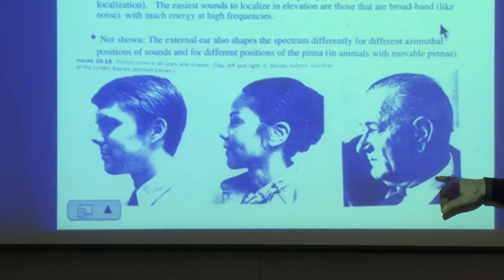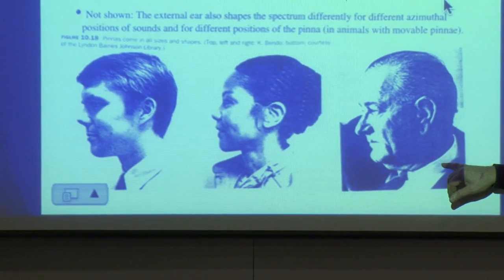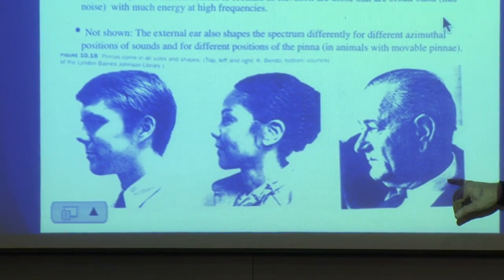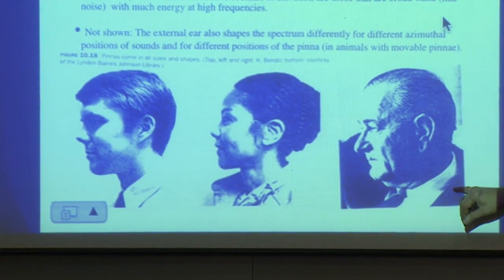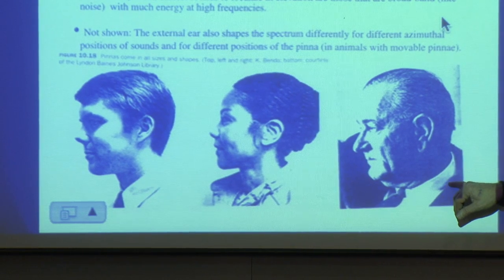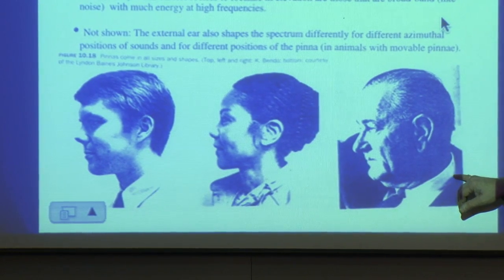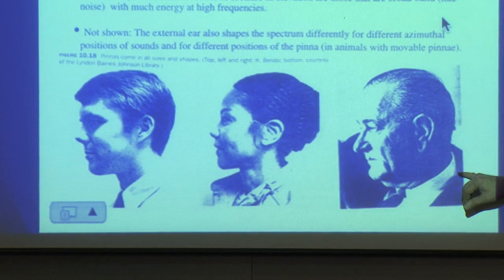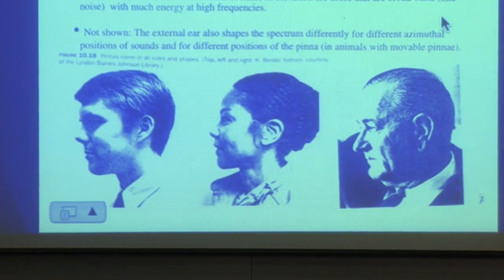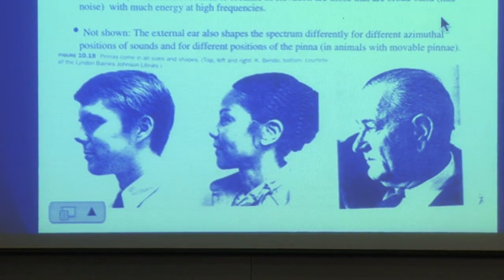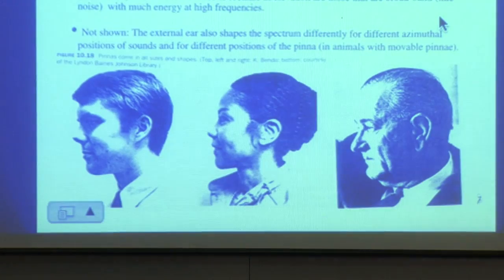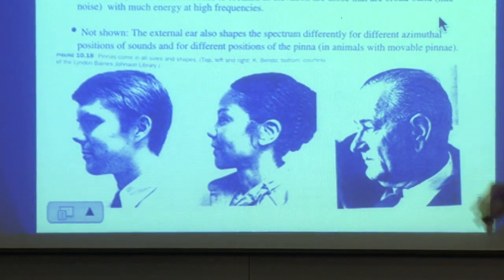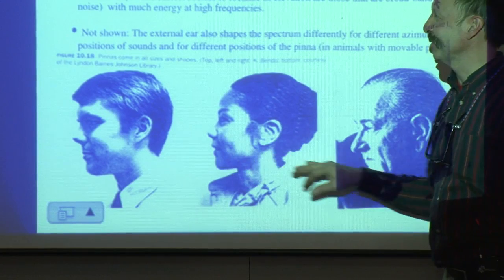Who is this historical figure? Anybody? He was a president of the United States, LBJ, right? President Johnson. He was always caricatured by the political cartoonists with these huge ears, right? Big pinna. But everybody has different shaped pinna, okay?